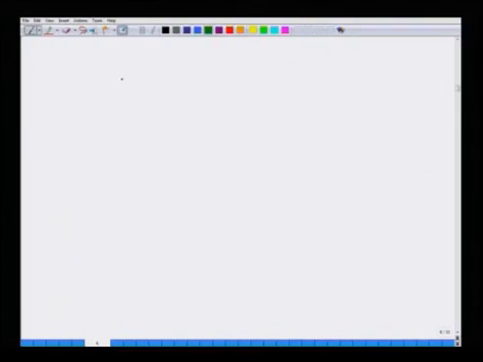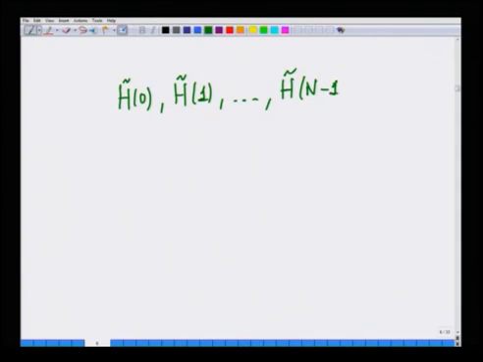So, if you look at these flat fading channel matrices H tilde 0, H tilde 1, H tilde n minus 1, how can they be computed?